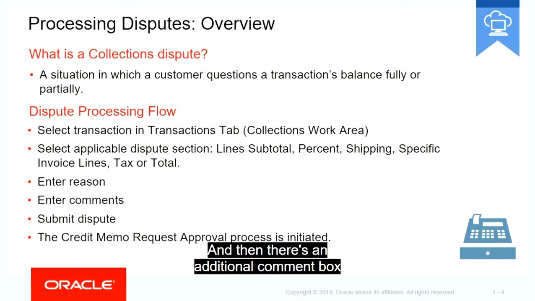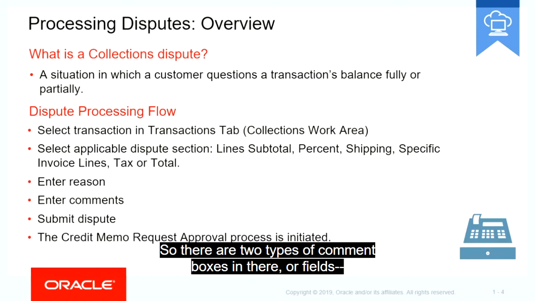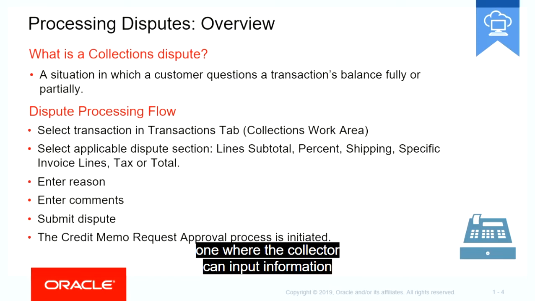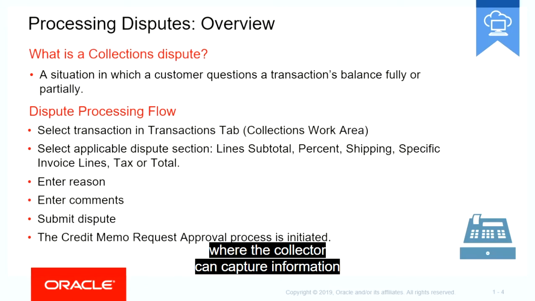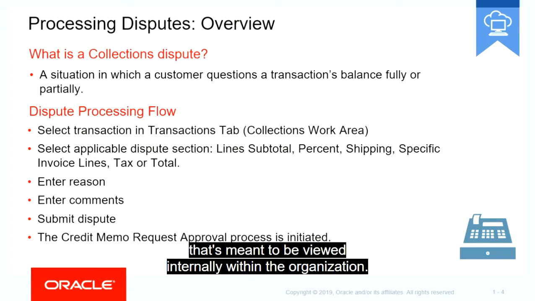And then there's an additional comment box that will allow the collector to input internal comments. So there are two types of comment boxes, or fields. One where the collector can input information that he or she received from the customer, and another box where the collector can capture information that's meant to be viewed internally within the organization.